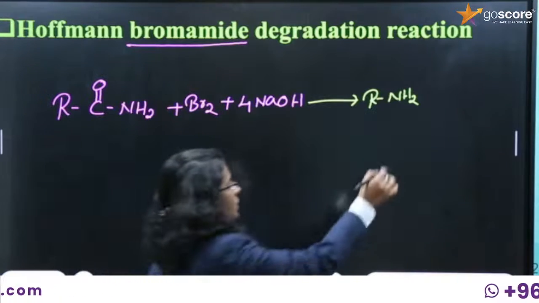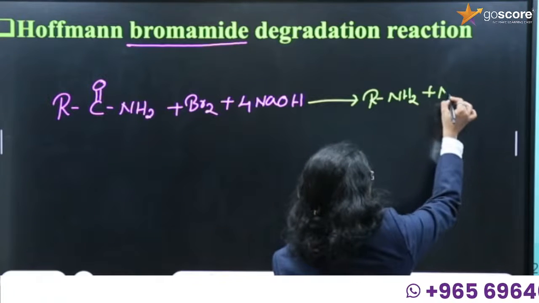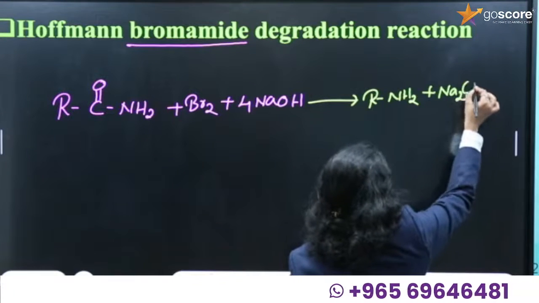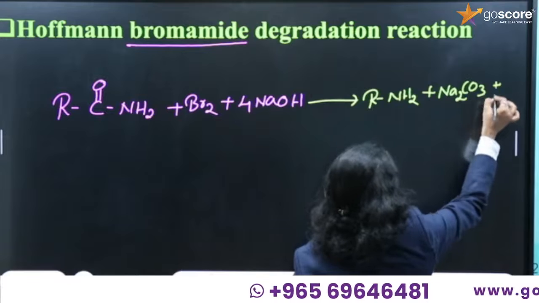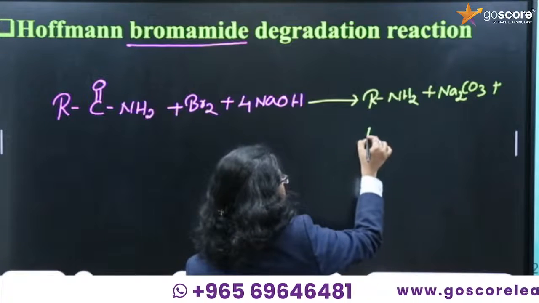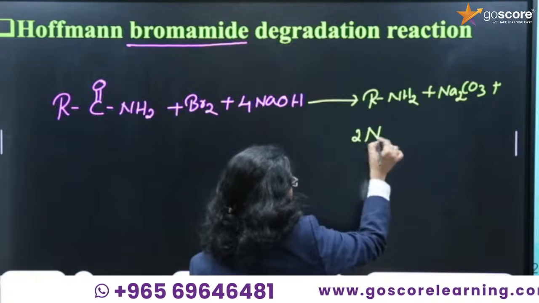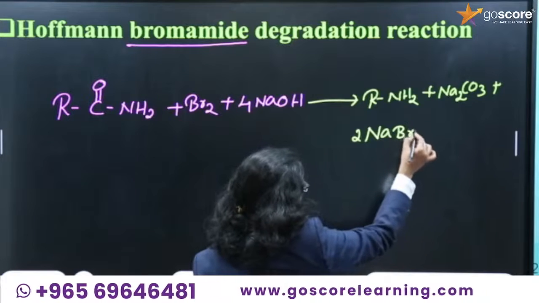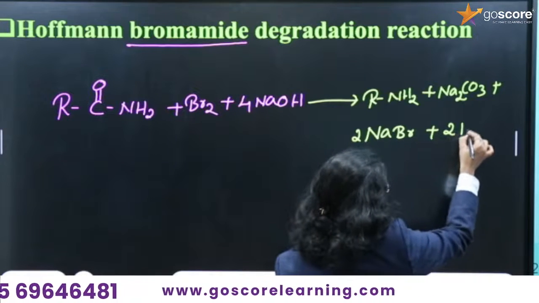Along with that, you will get Na2CO3 plus 2NaBr plus 2H2O.